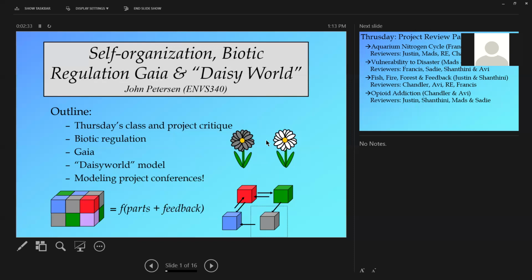Given that a lot of projects seem to be going in this direction, I thought this would be a particularly good approach to modeling to explore. So I'm going to introduce what's known as the DaisyWorld model today, and I'll say a little bit more about what the heck the DaisyWorld model is in a moment.